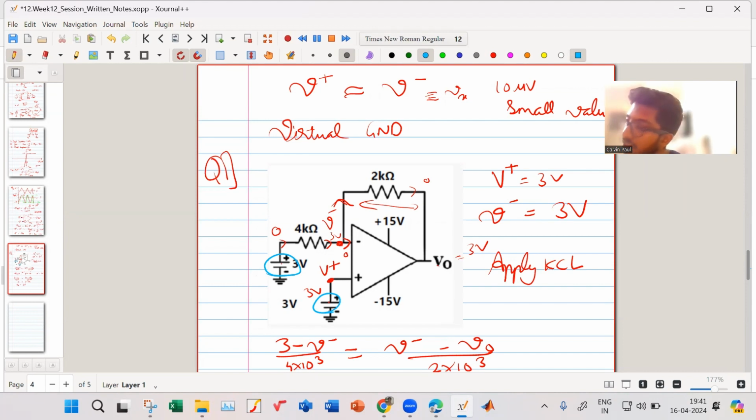It is not like this 3 volt is only because of this. It is because this is 3 volt and this also is exactly 3 volt. That is why no current is flowing and so V output is 3 volt. If there was any deviation, then the V output will change.